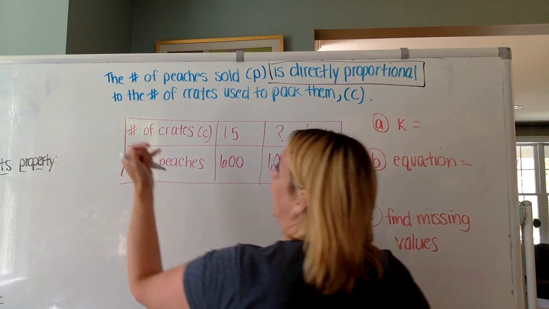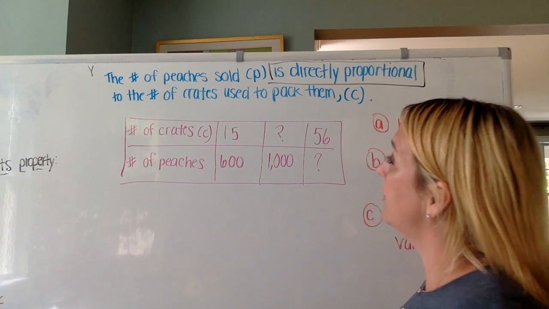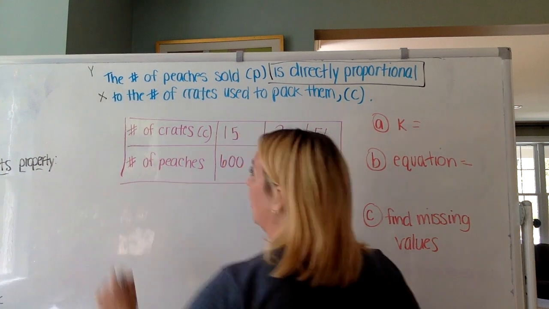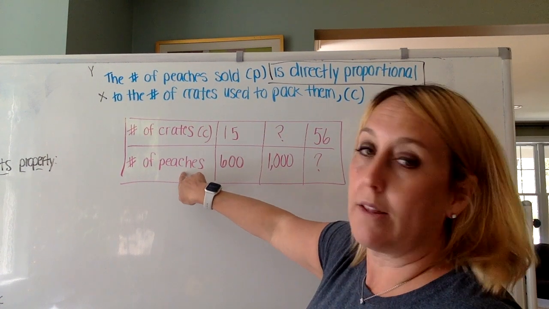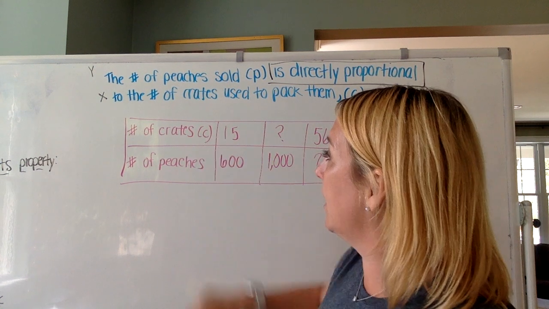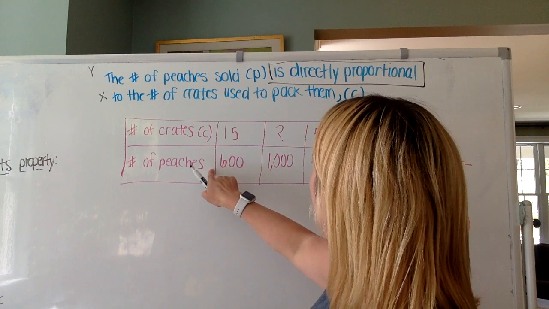This is your Y term. So the number of peaches is your Y term, and then your X term is the number of crates. This is true because in a table, the Y is listed below the X term. So what did I need here?